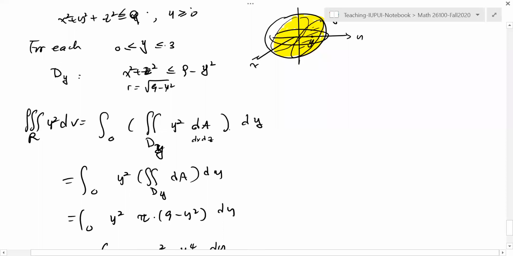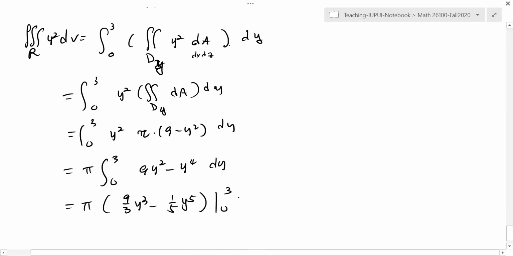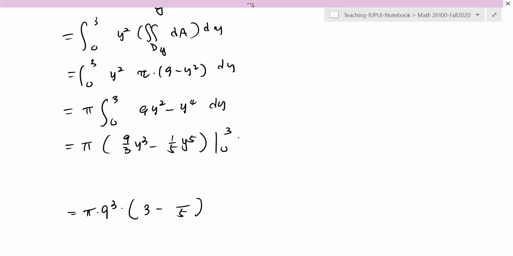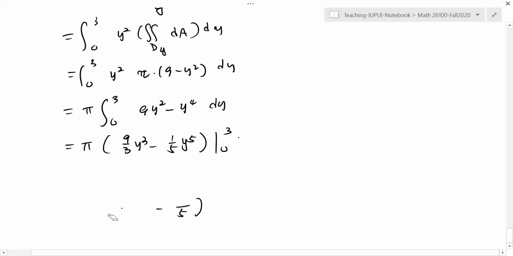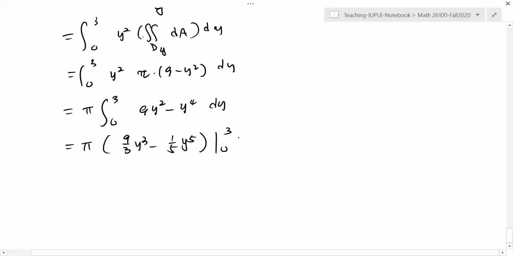When I say y is between 0 and 3, I put a 9 here. Now this must be positive. It's pi times 3 cubed minus 3 to the 5th.